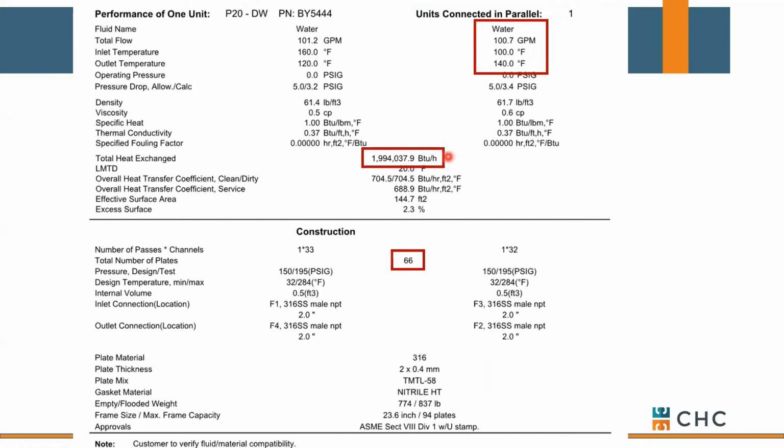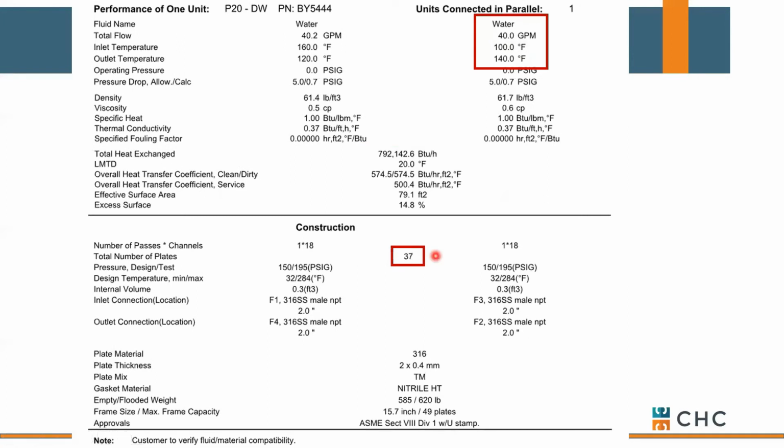And if we need to maintain a recovery of about 2 million BTUs, then we need to change our conditions a little bit. We're going to lock in our BTU requirement. We're going to increase our flow rate because our delta T is lower. And in doing so, we need a little bit more surface area. We went from 80 to about 144 square feet.